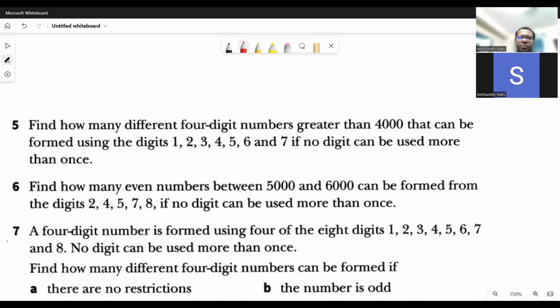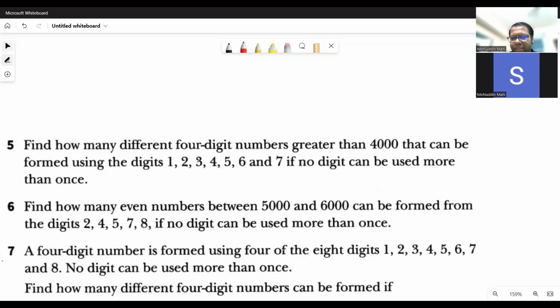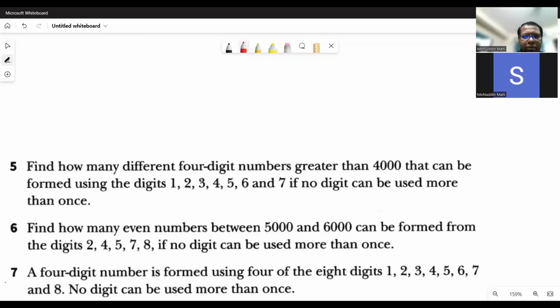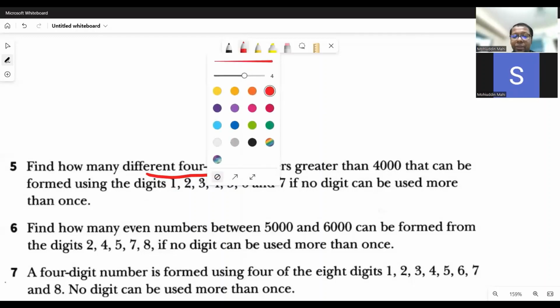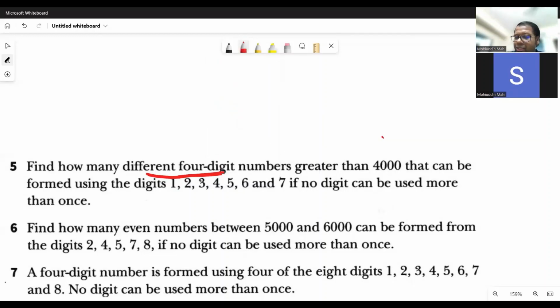So be careful. In question 5, we can see that there are more conditions. Find how many different 4-digit numbers greater than 4,000 can be formed using the digits 1, 2, 3, 4, 5, 6, and 7 if no digit can be used more than once. So we can use one digit only once. Now, 4-digit numbers, and it has to be greater than 4,000.